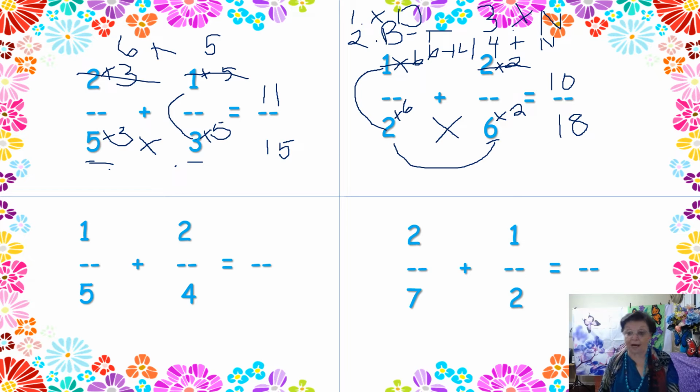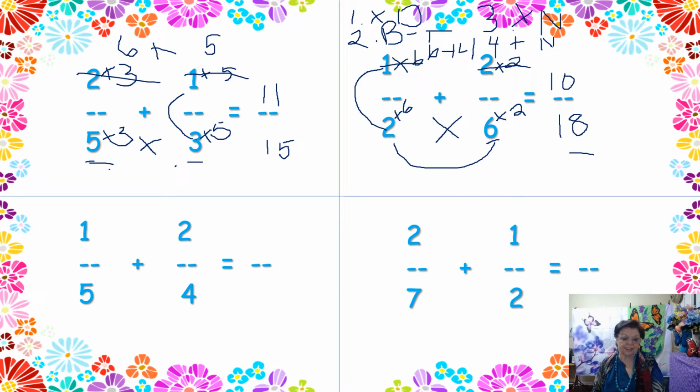Some kids get mixed up and they think they have to multiply the numerators, like 1 times 2. Nope. Multiply the denominators to come up with your new denominator. Whatever you do to the bottom, you have to do to the top. And then multiply the numerators and then add the numerators.